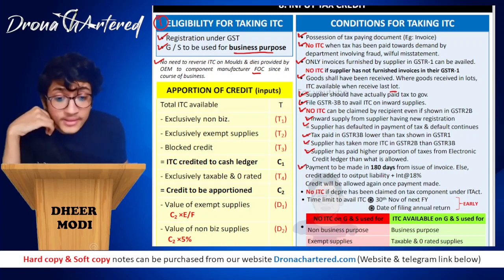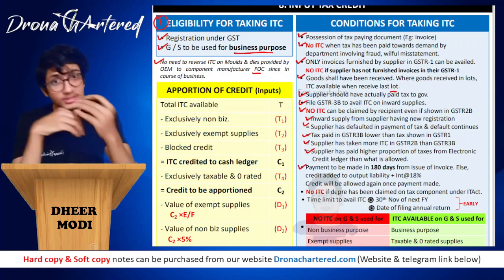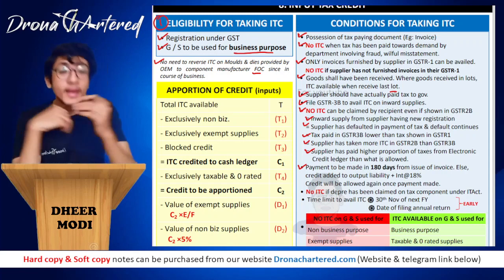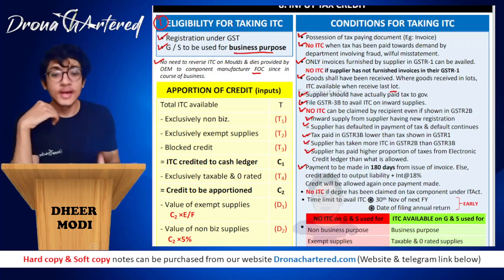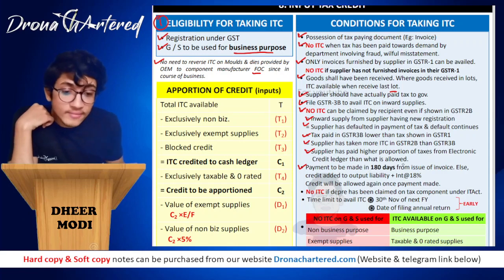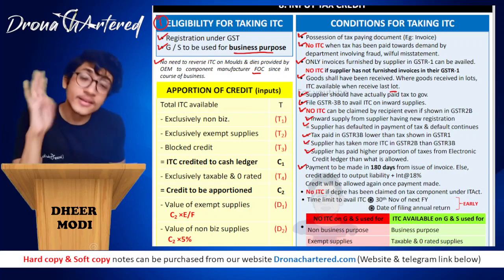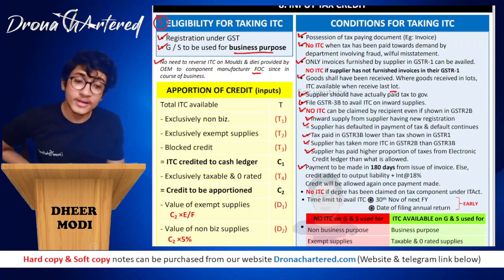Then next is payments to be made in 180 days from issue of invoice. So for example, you purchased something from your supplier, and only if you pay your supplier within 180 days will you be allowed to take ITC. Otherwise the credit will be added to output liability and interest at the rate of 18% will be added, because you were allowed ITC at that moment itself, correct?